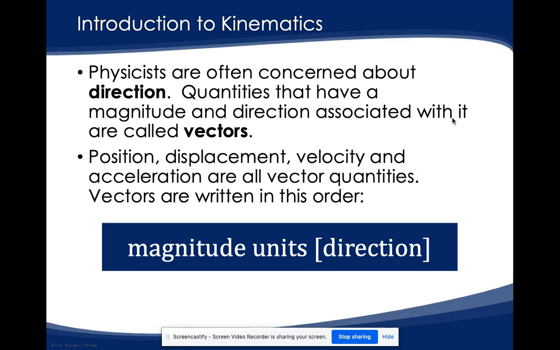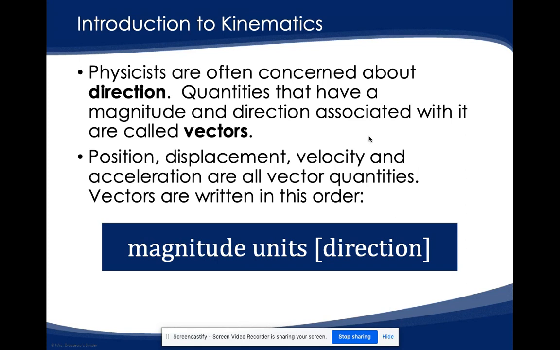Physicists often will also add the direction on. Whenever you have a value and you add not only the units it's measured in, but also the direction it's moving in, that's called a vector. That's when you're getting into the position of things and their displacement, and you can use that information a little more than just a scalar quantity.